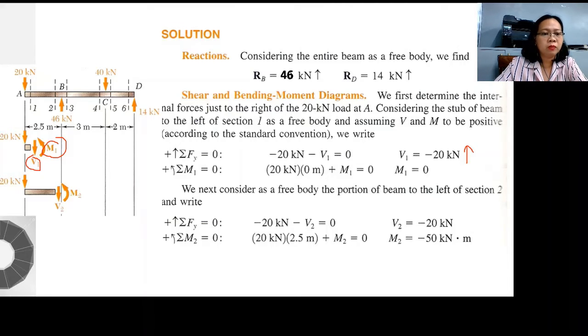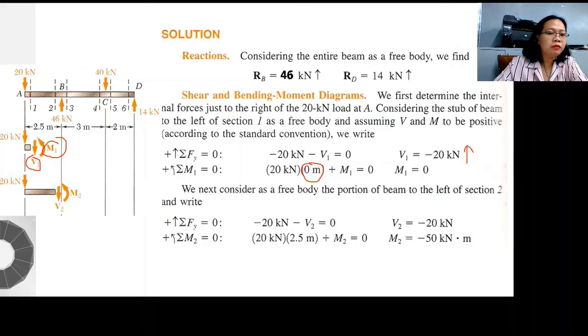Okay, let's sum the moments. And at this portion, since the value of X is just right after the application of 20 kilonewtons, the value is 0. Therefore, at the point right after the application of 20, the moment is 0. But we have the shear, negative 20 down.